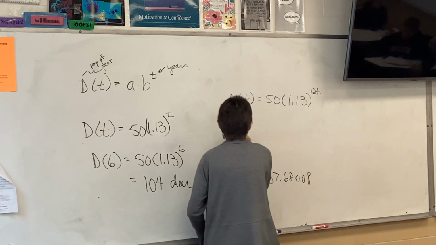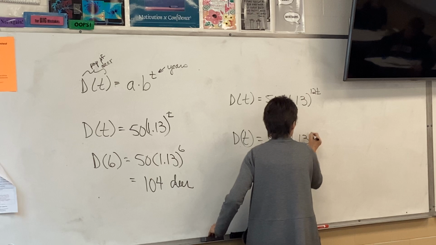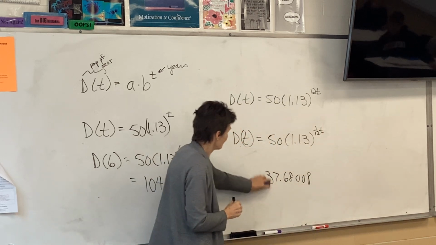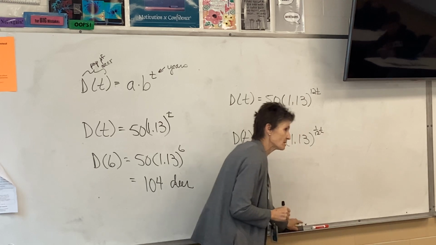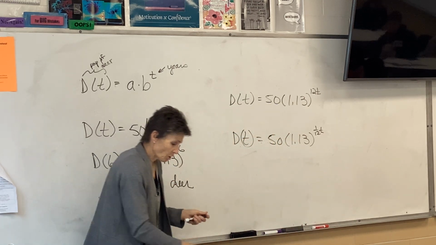Versus this. Does it make sense to you that it's one or the other? Can you at least narrow it down to that? Okay, so let's think about this for a second. Let's go with the top one.